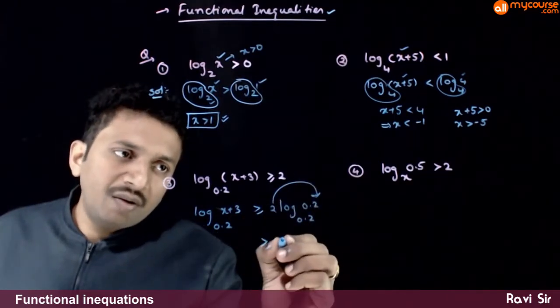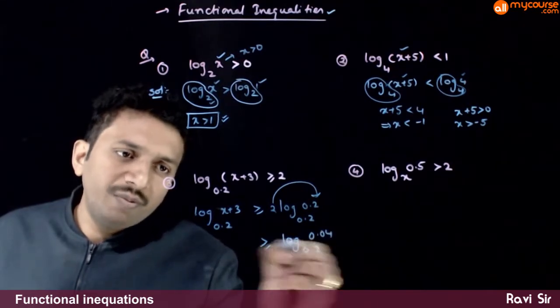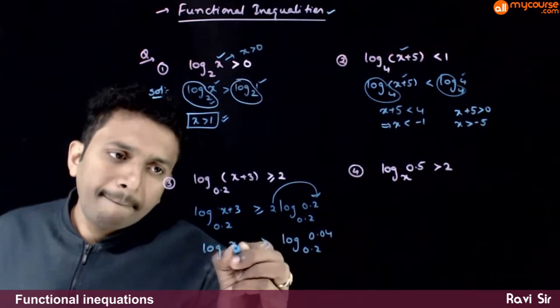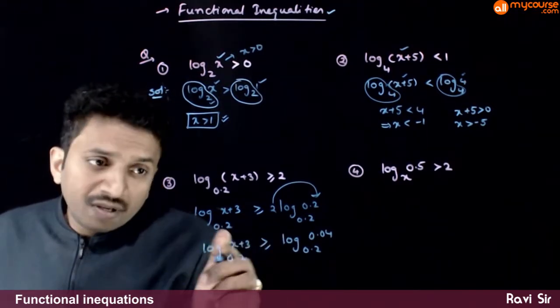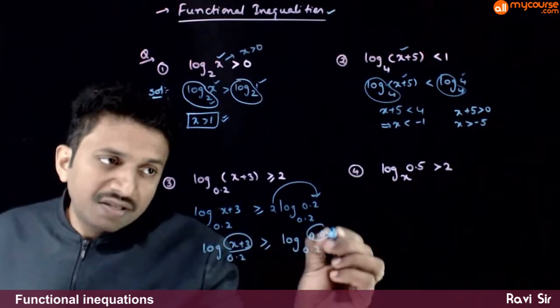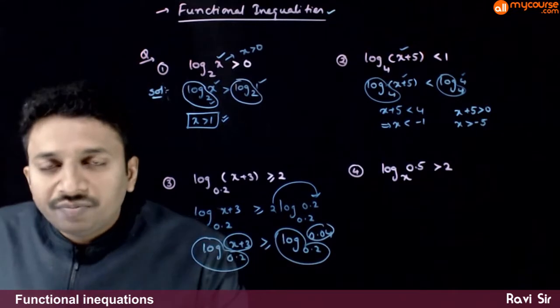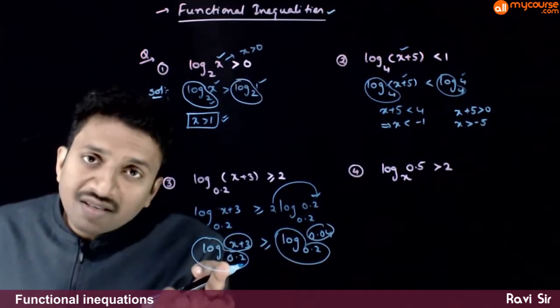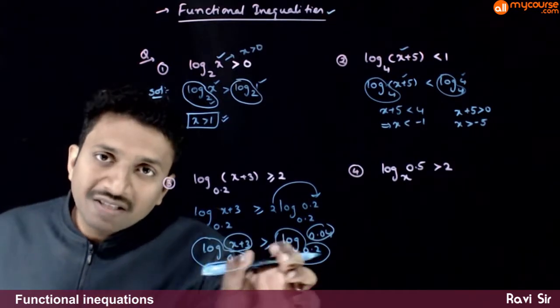So it's greater than or equal to log 0.04 to the base 0.2. Now, as you have to go to the arguments, you need to remove this function, log to the base 0.2. And we have seen that if the base is in between 0 and 1, this is a decreasing function.